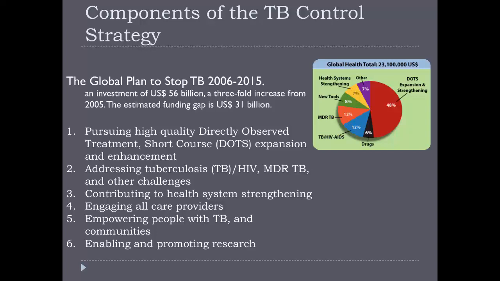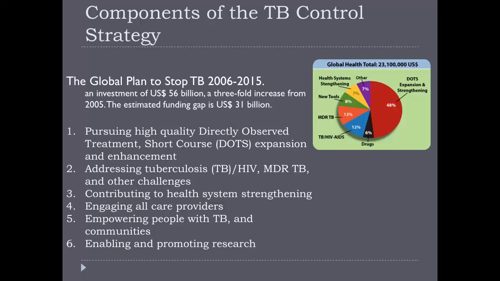And you can see in the figure here where the money typically goes. Most of it, almost half of it, is going to DOTS therapy. The drugs themselves are about 6%. HIV treatment, combination treatments, is about 12%. Dealing with MDR is about 12%. Developing new tools, not so much the drugs, but the diagnostics, is about 8%.